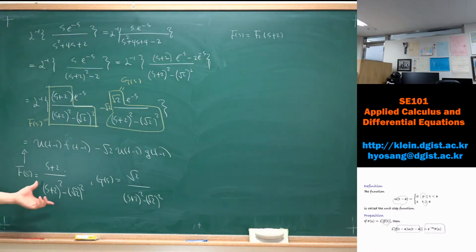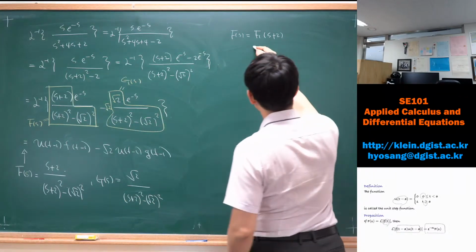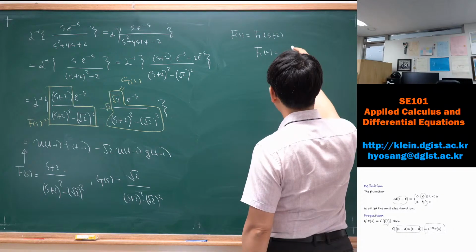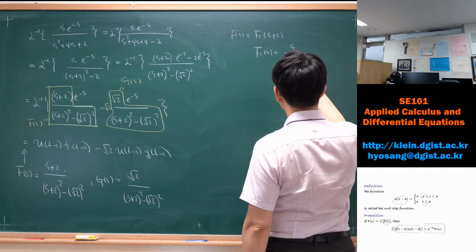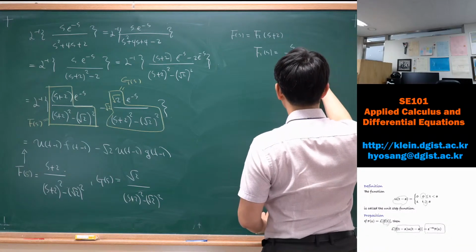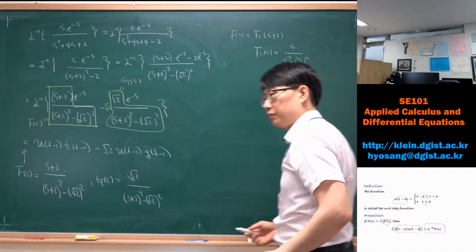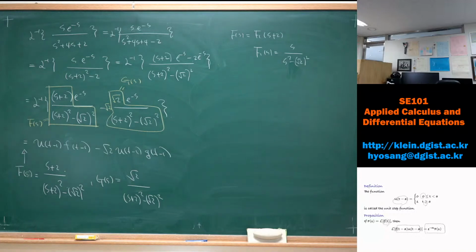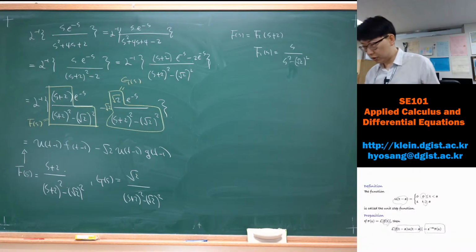There's no formula that I can use directly here. It's a shifting of something where this f of 1 of s is s over s squared minus square root of 2 squared. The reason I use the shifting is that there is a formula when I shift the function.